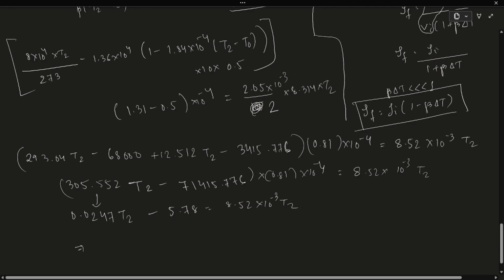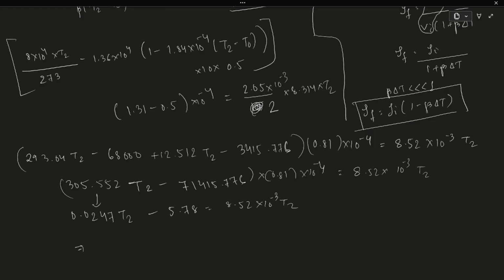So 0.0247 minus 8.52 into 10 to the power minus 3 is basically 0.01618 T2 equals 5.78.